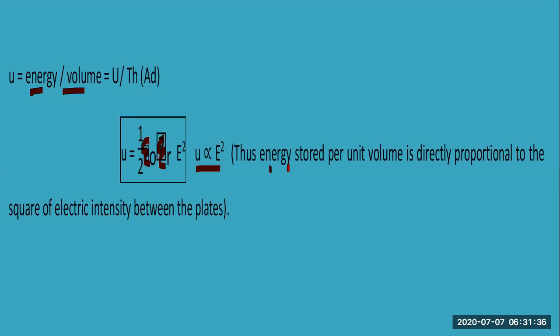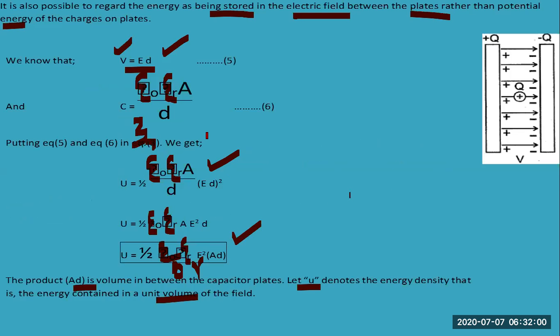Thus, the energy stored per unit volume is directly proportional to the square of the electric intensity between the two plates. It means the more the electric intensity, the more the field strength, which means more electrical energy will be stored on the plates. So with this, we have calculated how much energy is stored in a capacitor.